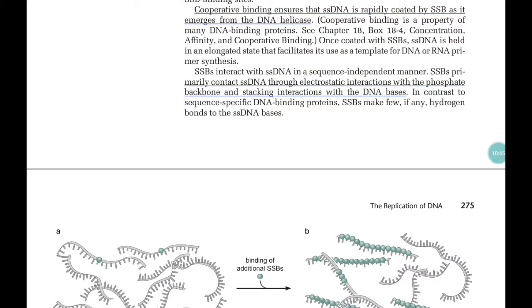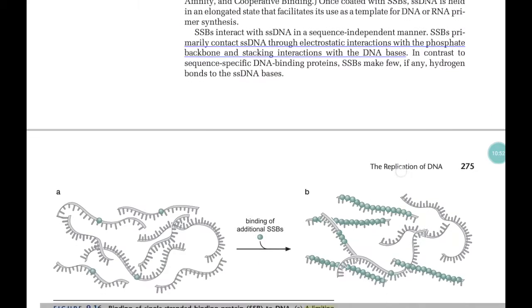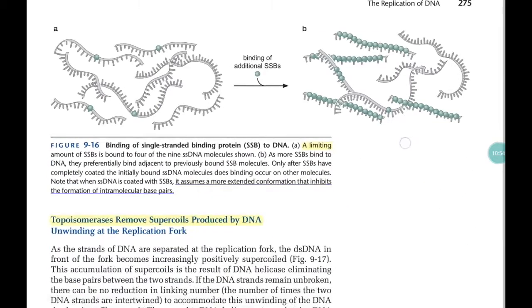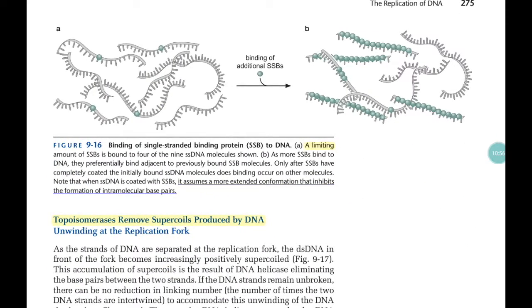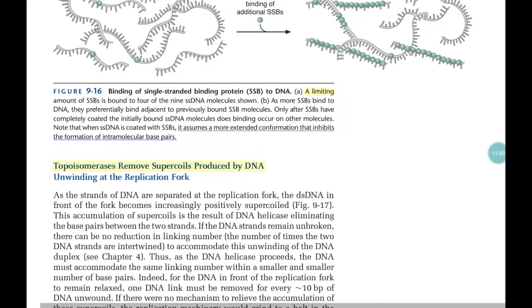SSB mainly contacts single-stranded DNA through electrostatic interaction with the phosphate backbone and stacking interaction with the DNA bases. A limiting amount of SSB is bound to 4 of the 9 SSB DNA molecules shown. It assumes a more extended conformation that inhibits the formation of intermolecular base pairs.